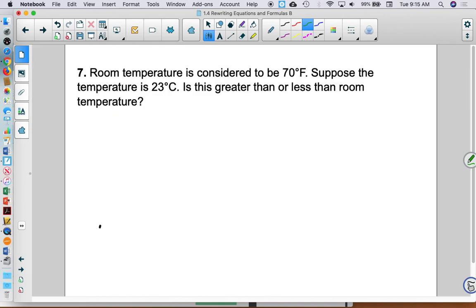Going back to that same formula, again, we had 9/5 C plus 32 equals degrees Fahrenheit. The room temperature is considered to be 70 degrees Fahrenheit. That's pretty close to what we keep it at in here. Suppose the temperature is 23 degrees Celsius. Is this greater than or less than the temperature of this room?